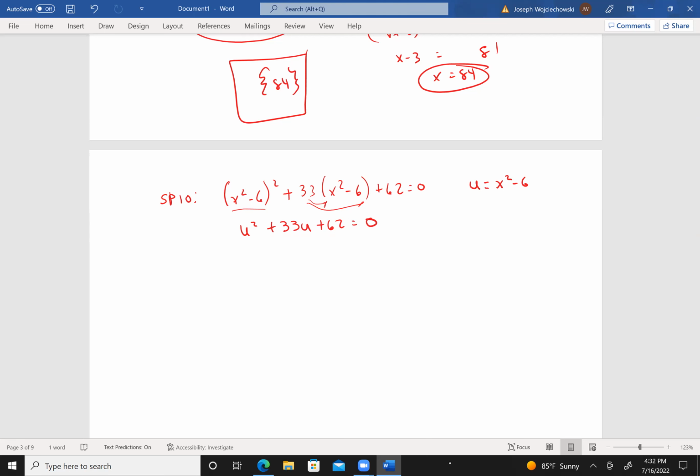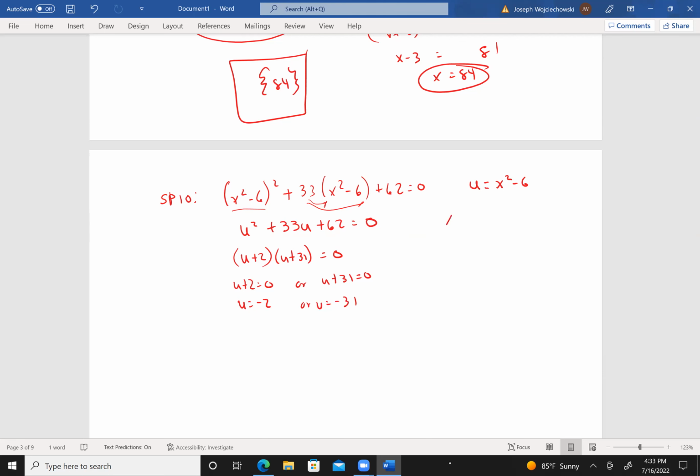Okay. And it looks like my factors are 2 and 31. So I have (u + 2)(u + 31) = 0. So u + 2 = 0, or u + 31 = 0. u = −2, or u = −31.